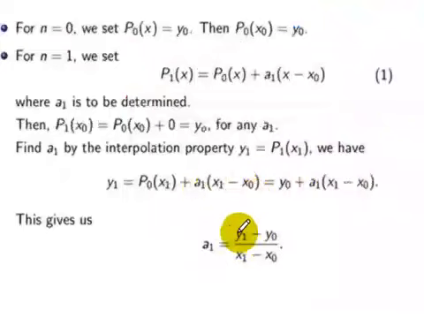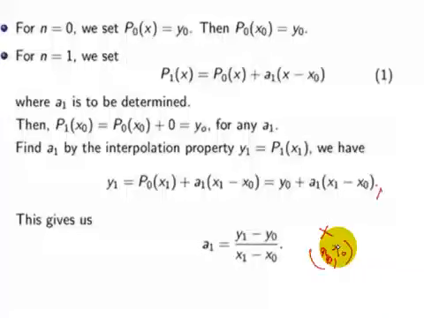Look at this: the distance between y coordinates divided by the distance between x coordinates. This is something like the gradient between these 2 points, right? So this is your x0, y0 coordinate, and this is your x1, y1 coordinate.